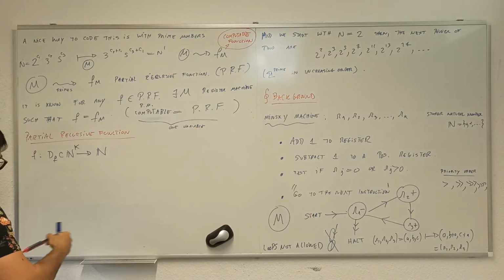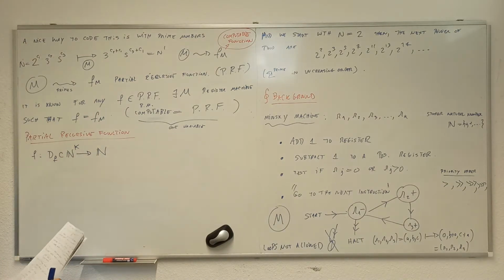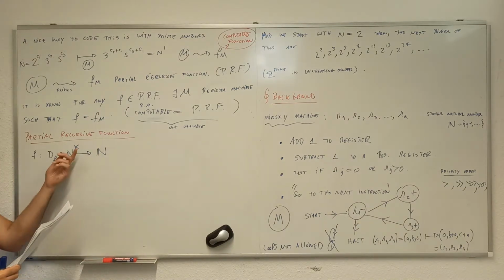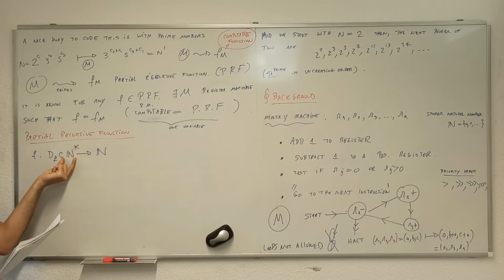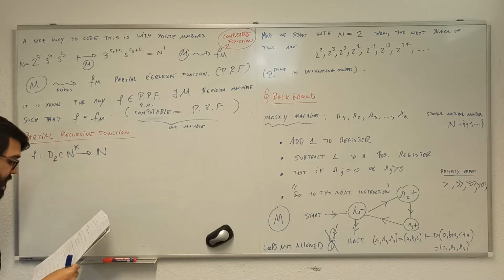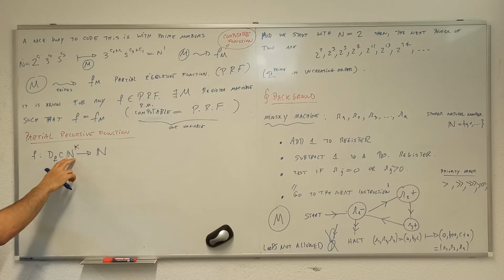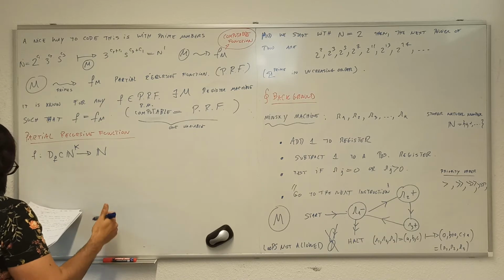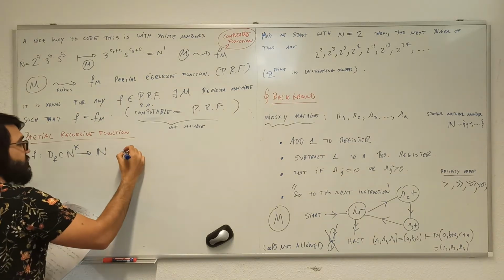I will define it here in the sense of multiple variables, but with that association with primes, you can make any multivariate function like this a one variable function. So a partial recursive function is a function partially defined on the whole domain of k copies of the natural numbers.